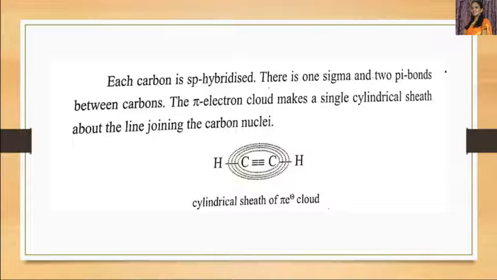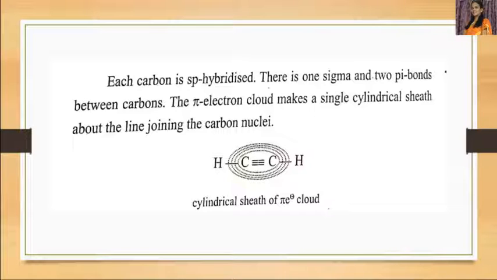The triple bond is made up of one sigma bond and two pi bonds. The pi electron cloud makes a single cylindrical sheath above the line joining the carbon nuclei. So here the pi electron cloud is present along the internuclear axis of the two carbon atoms.